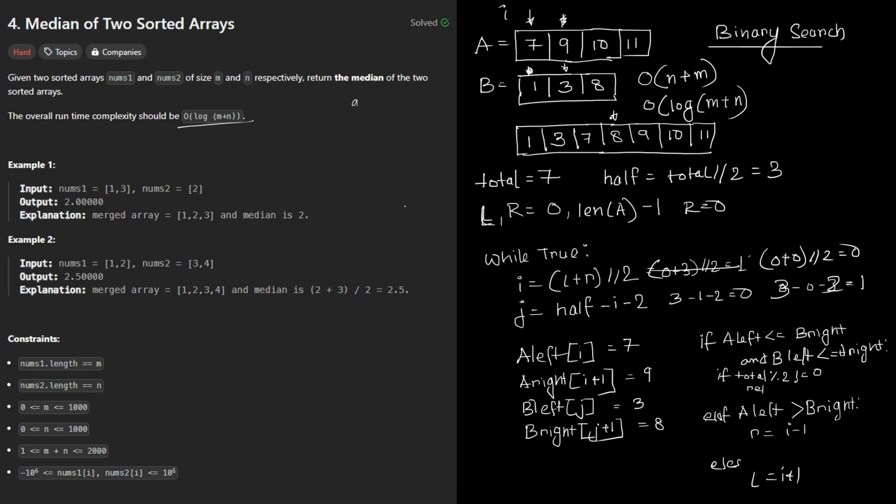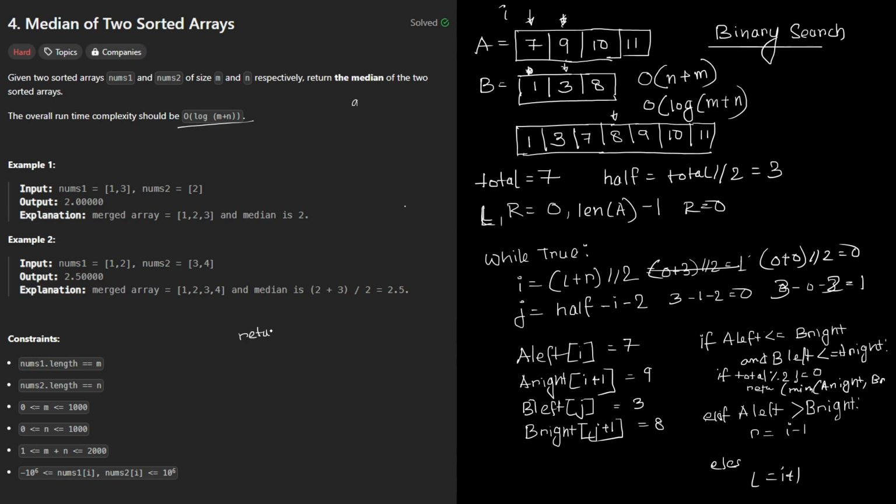So the value that we're going to find is going to be the middle element. So it's going to be return of minimum of A right or B right.